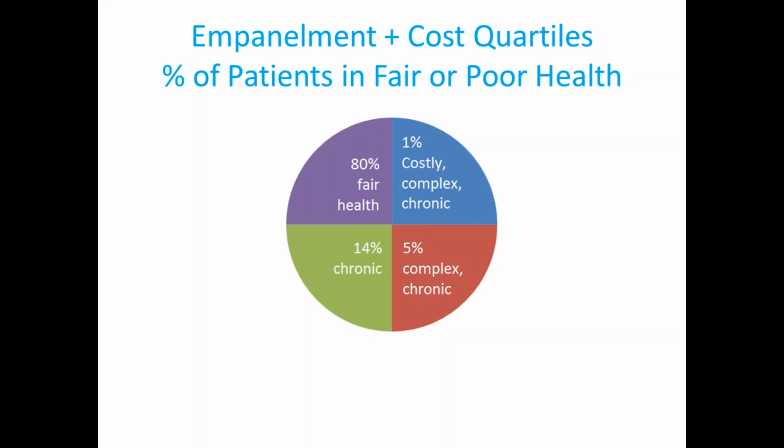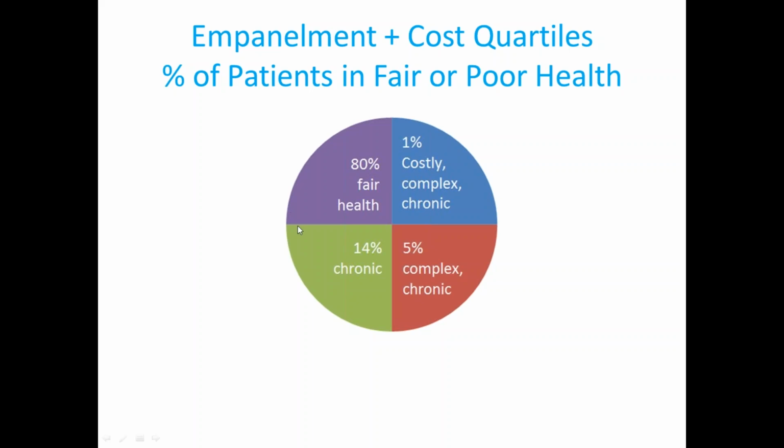The top 1% are in poor health, have costly, complex chronic disease, and are managed in health homes. The next 5% are in poor health, have complex and chronic disease, and are managed in our in-house care coordination system.